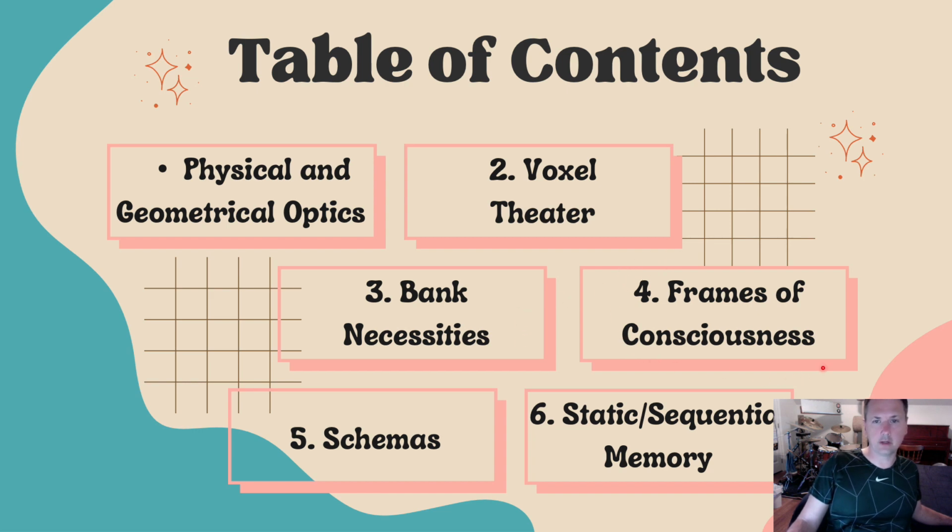We'll talk about frames of consciousness, which is basically talking about that at some level of temporal zoom, there's going to be discontinuities because it would be impossible to have a consciousness that is completely continuous, because every millisecond or every nanosecond you would have to have information on the full 3D scene, which we don't have.